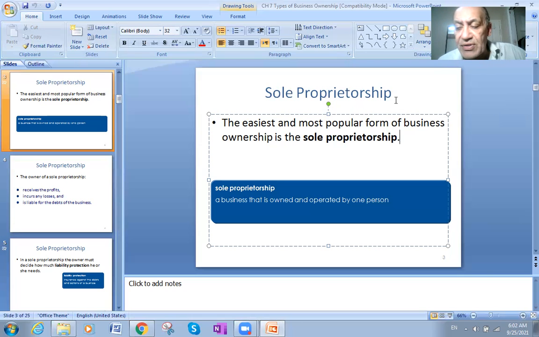Another point about the sole proprietorship is that if he is very good at managing, and he studied and practiced management before, and he manages his business effectively, this will lead to success. The operation will go well, profits will go higher, and everything will be fine.